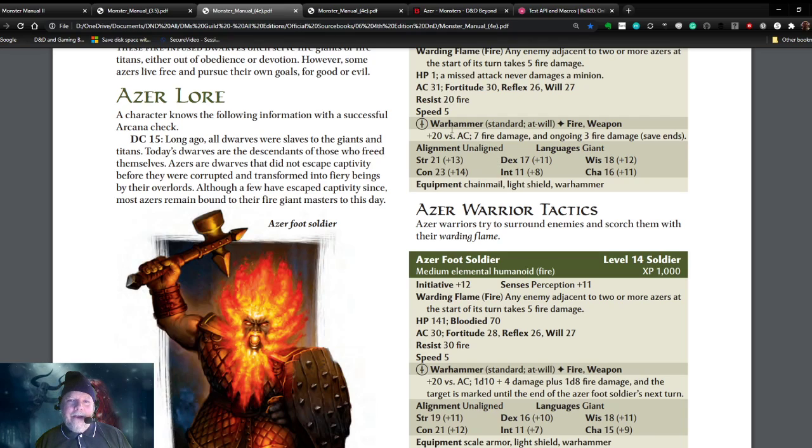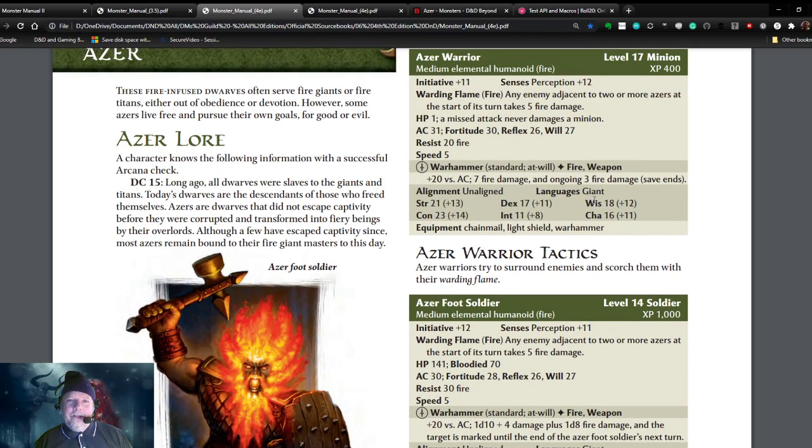And they hit with a warhammer. They attack at plus 20 versus armor class, so they get plus 20 on their d20 roll. And they deal 7 fire damage and ongoing 3 fire damage, save ends.